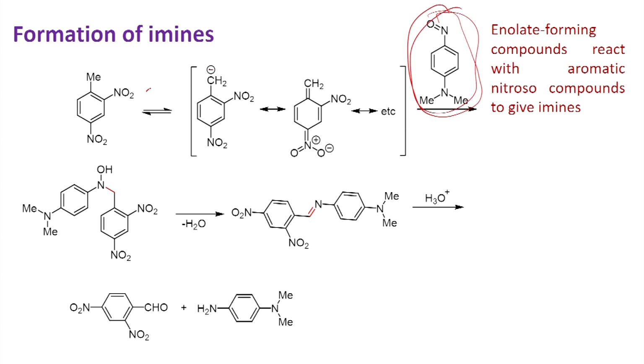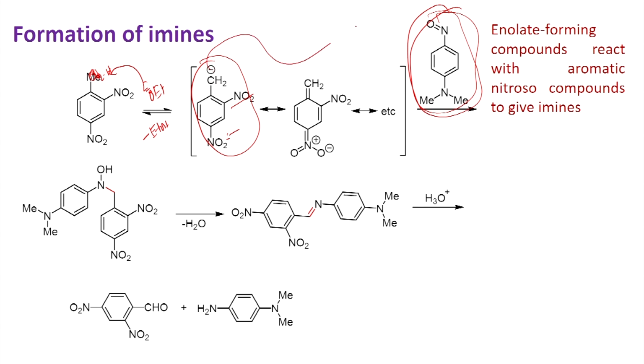As you can see here, in the presence of base, you can deprotonate the benzylic proton. So, you can generate the carbanion, which can be stabilized by the nitro group present in the aromatic ring. Once we have this one, it can readily act as a nucleophile.